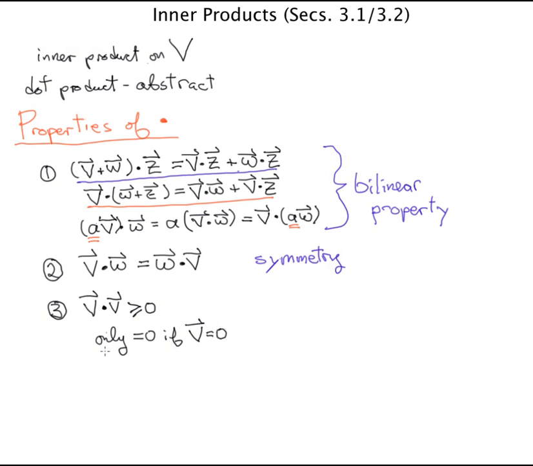Right? Because remember, if v is (x1 through xn), then v dot v is x1 squared plus dot dot dot xn squared. And this is certainly a number that's greater than or equal to 0. And the only way it can be 0 is if all of the xi's are 0. So that's this part. And this is what's called positivity.